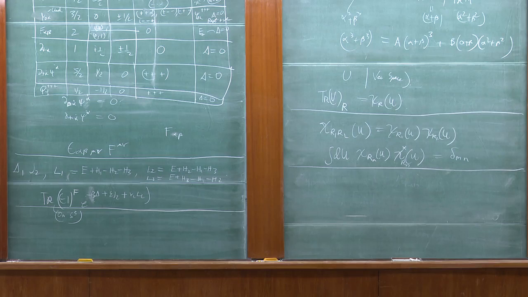Then, to impose the restriction onto singlets, all I have to do is take that character and integrate over the Haar measure multiplied by 1, because 1 is the character of the singlet. Whatever I get from that will be the projector onto the space of singlets. Is this clear?